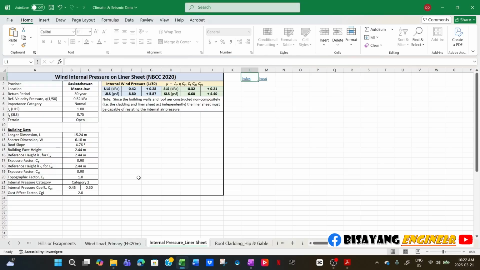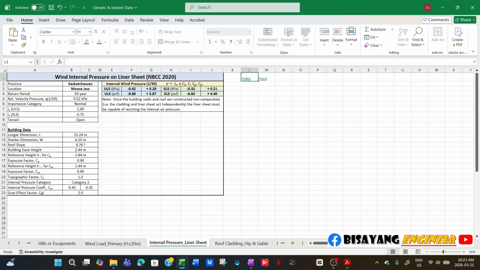In this particular calculation, I separated the CG and CPI, although in the building code it is clear that if the coefficient is given as CG CPI, then you don't have to separate those. But this is just my calculation.